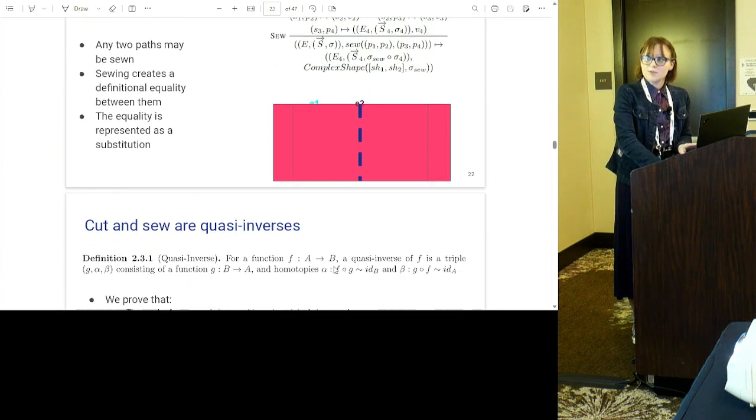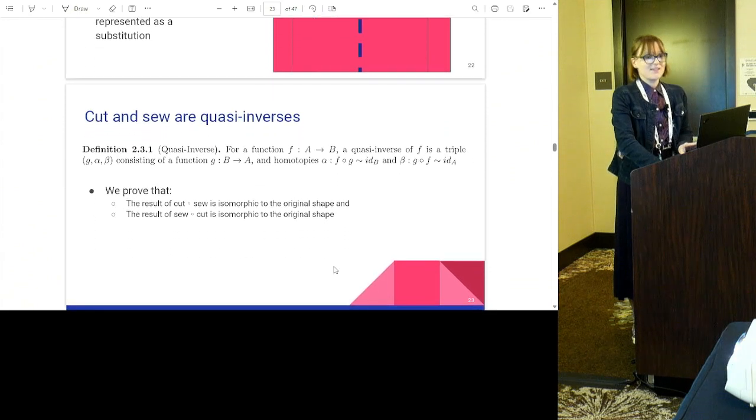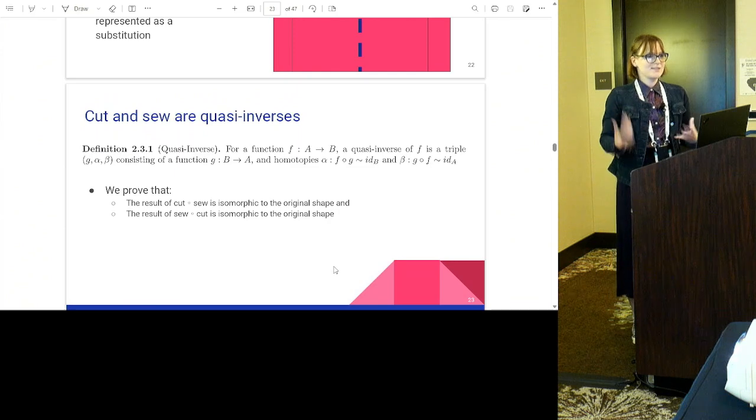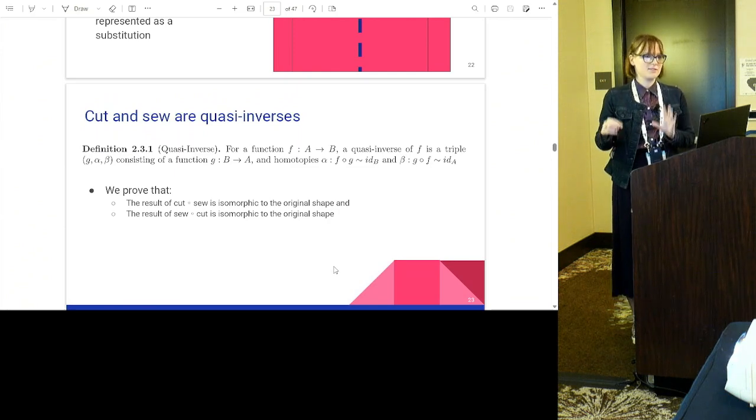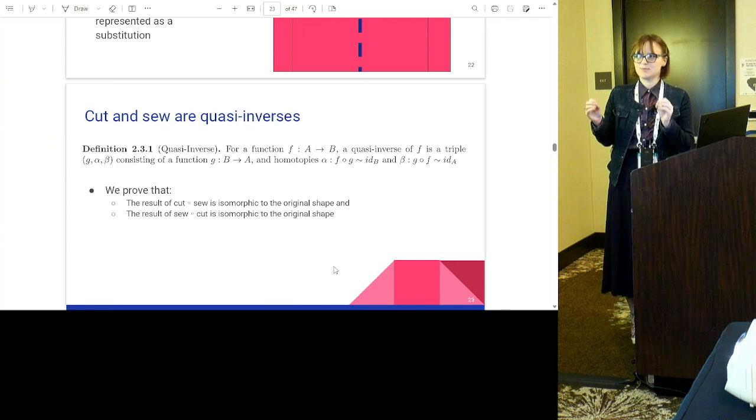Our main cool theoretical result is that cut and sew are conveniently inverses of each other. The Homotopy Type Theory community uses quasi-inverses instead, because you have to find the specific way that they are inverses of each other. You have to find that exact specific case.